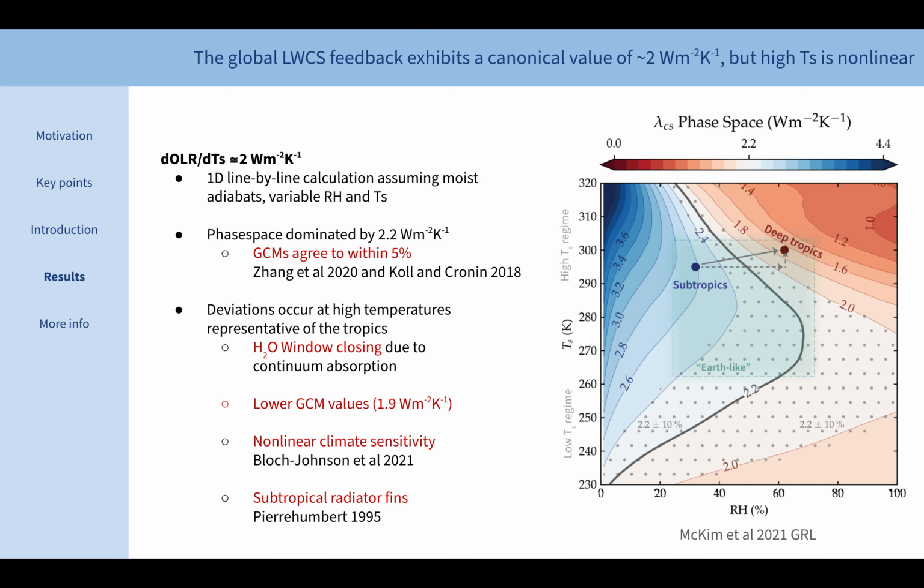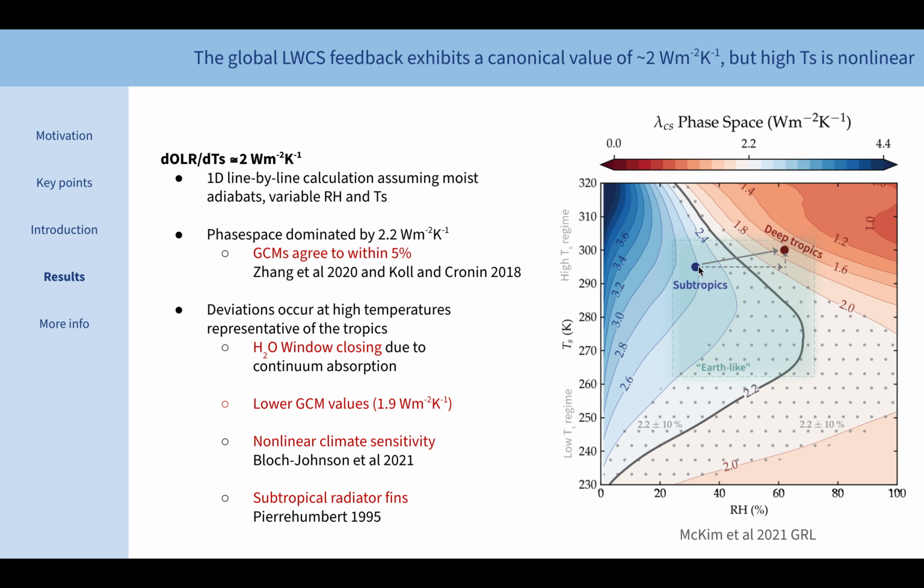That being said, there are deviations from this canonical value in the upper portion of the graph. That's because as you get warmer, your water vapor window is closing due to enhanced continuum absorption. That means there is now a temperature and humidity dependence of your feedback, so when you move around in parameter space, you're now changing the feedback.